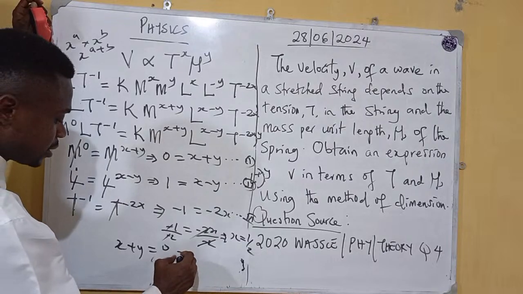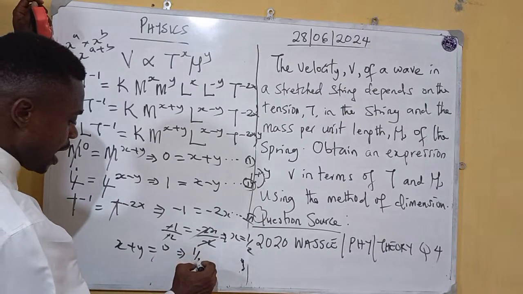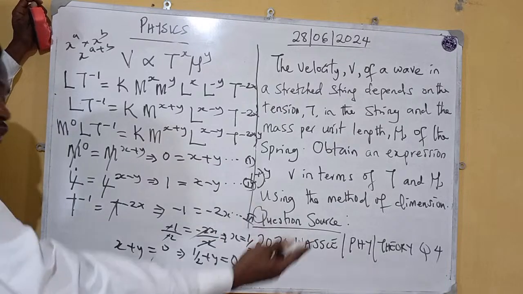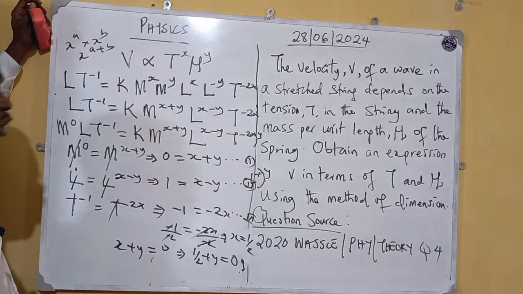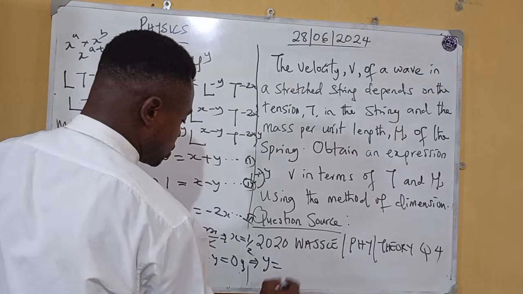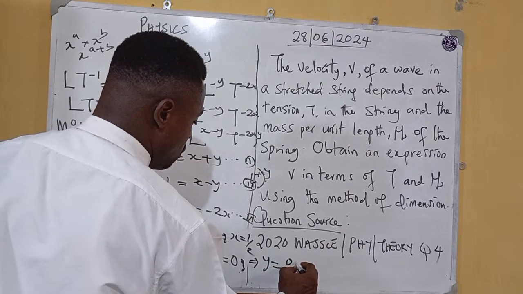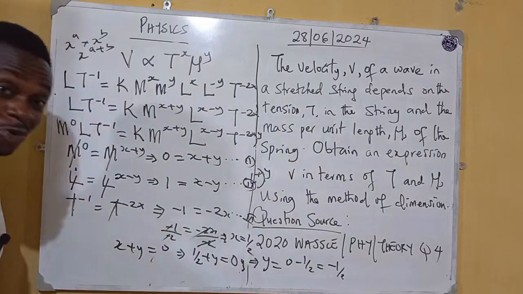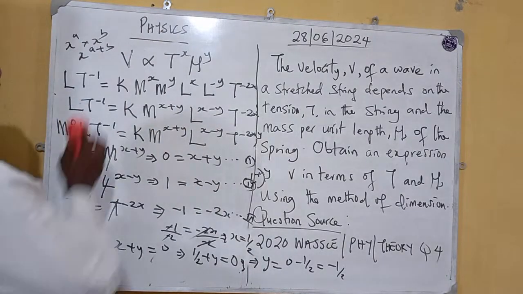So that means half plus y is equal to 0. If half plus y is equal to 0, if you make y the subject of the formula, y will now become 0 minus half, which is minus half. So let me clean up from here.